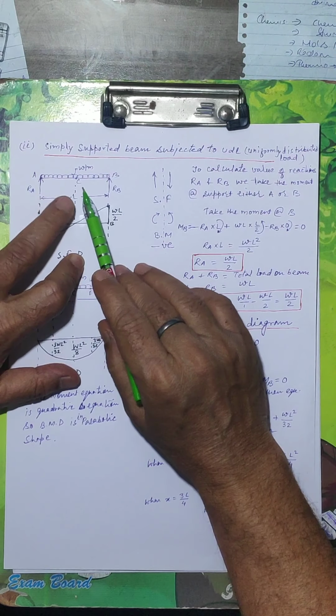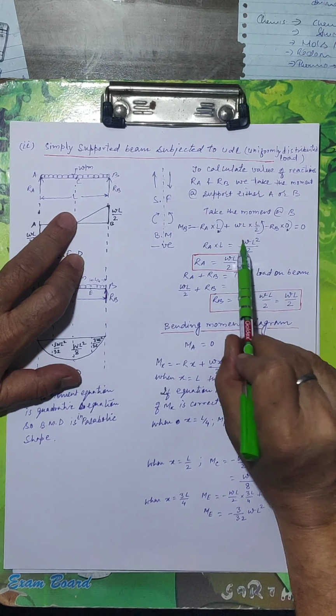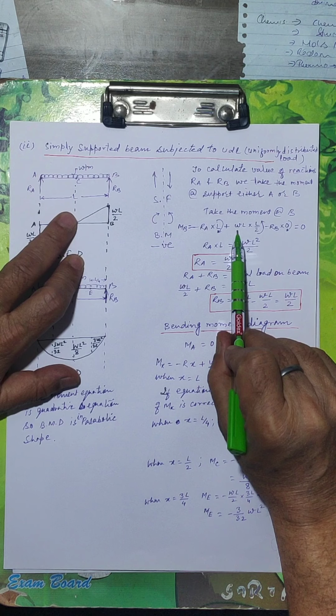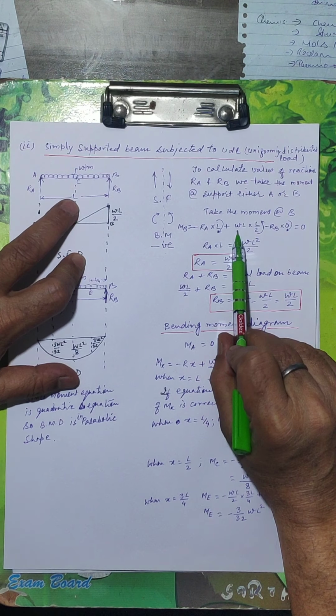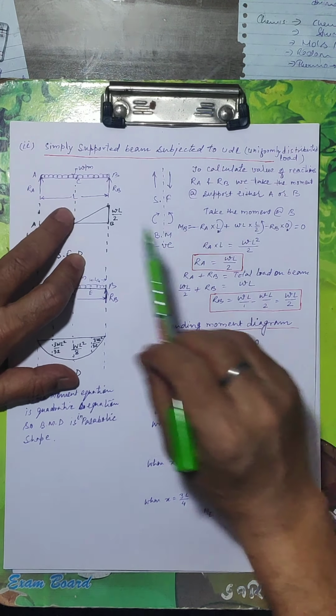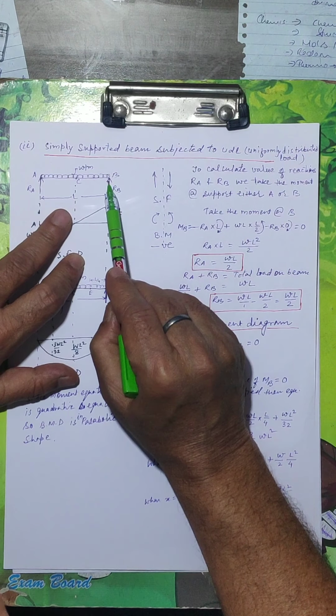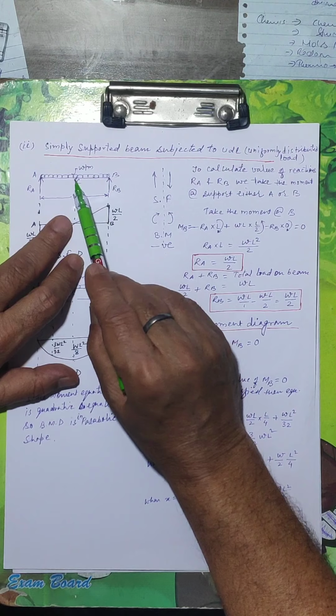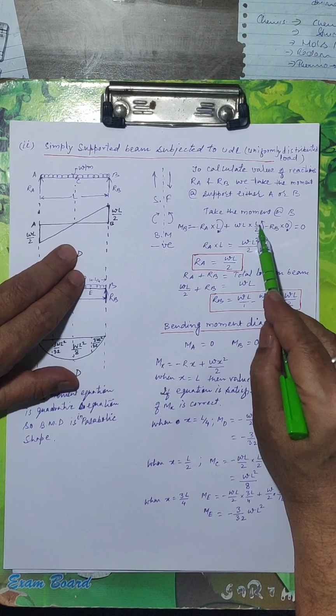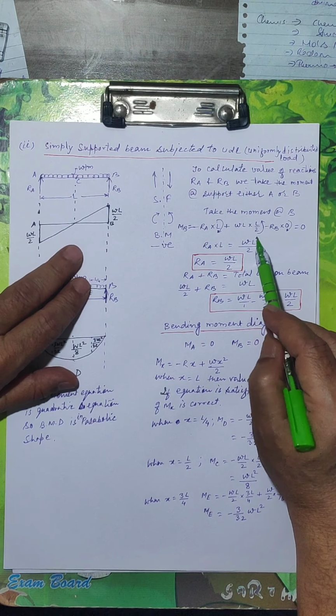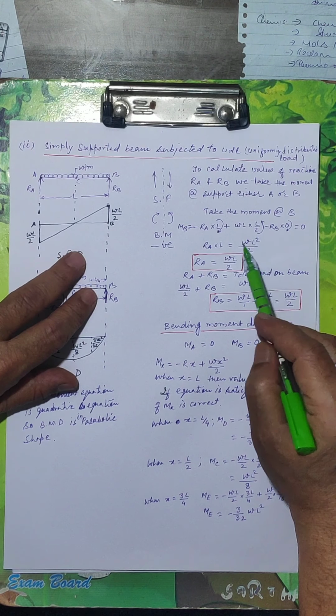So the value of moment WL, this is total load, multiplied by distance L/2. कहाँ से? इस C से B, सेक्शन कौन सा है? B. तो C से B की डिस्टेंस कितनी है? L/2. So we multiply by L/2. Now we take the direction, we take the sign.